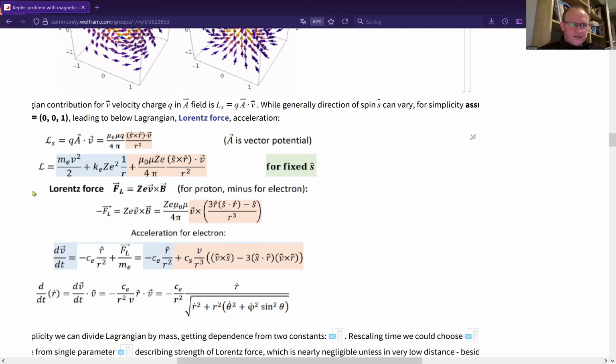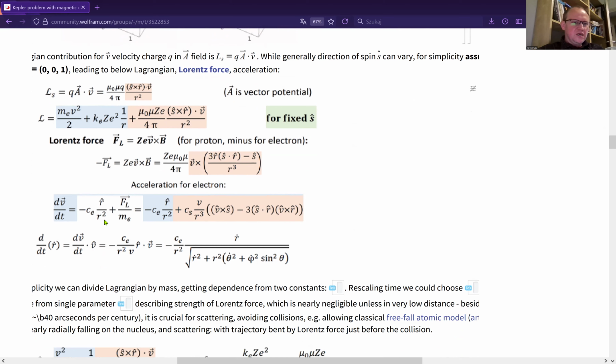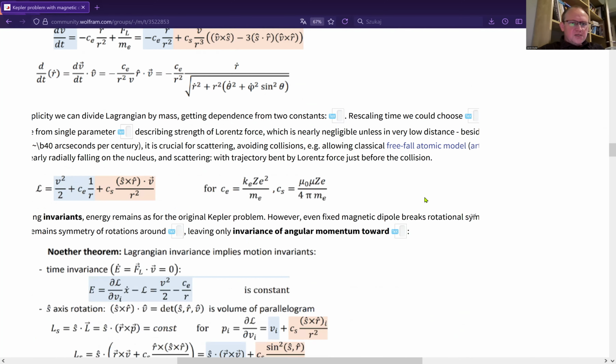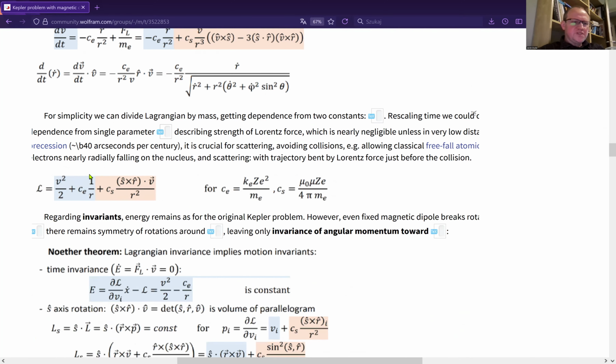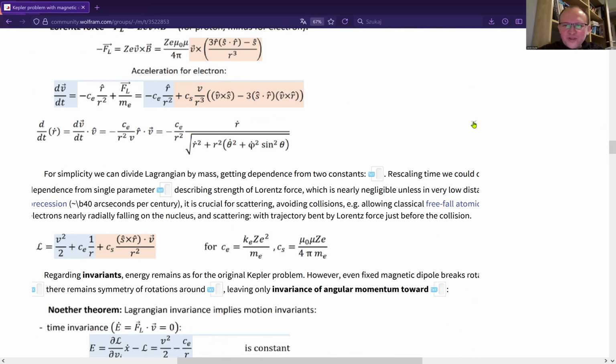Here we can find the Lorentz force and the acceleration in spherical coordinates. We can simplify the formulas. Sometimes there are problems with LaTeX here, but if you enable it there is no problem, though there are different problems.